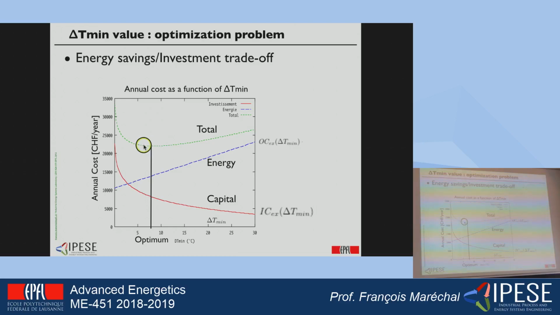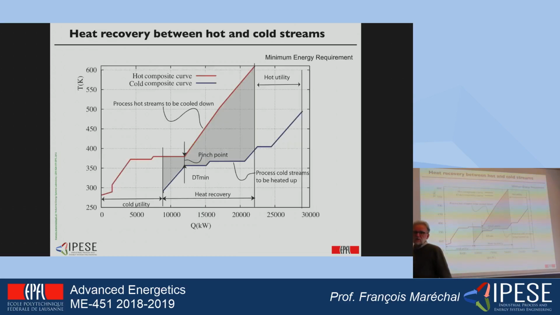If I am increasing or decreasing the value of the delta T minimum, the extra amount invested in the area will not recover the extra amount of saved energy. So there is an optimum point, and this point is used as a reference for being able to calculate the composite curve, and calculate the maximum heat recovery in the system.